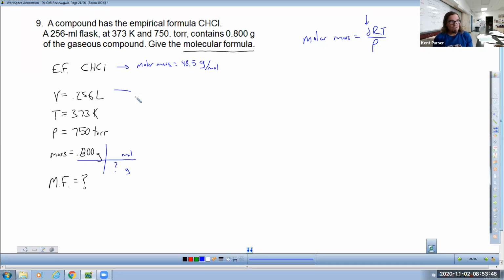Now, what I'm going to do is use these to find out the number of moles. Here's where the ideal gas law comes into play. So n equals PV over RT, which means that you're going to plug in 750 torr times, because I'm using torr, I'm still doing volume, so 0.256 liters. Then, because I'm using torr, I'm going to use the 62.4. I left this out because I knew that I would have to look it up, because I never remember if it's 62.4 or 62.8.